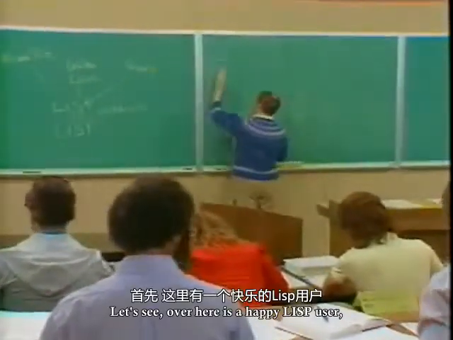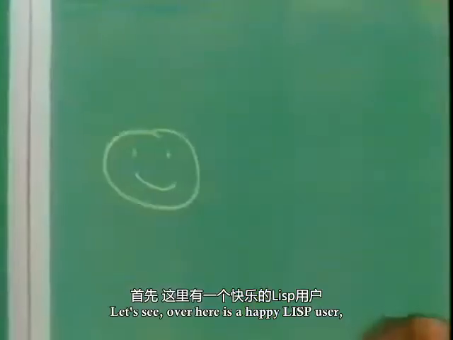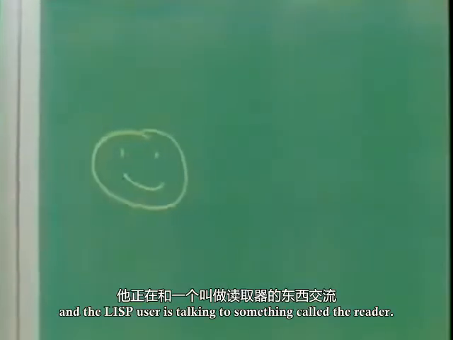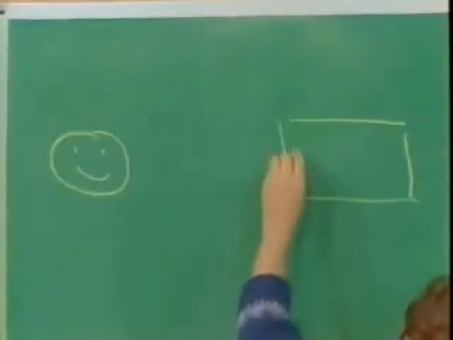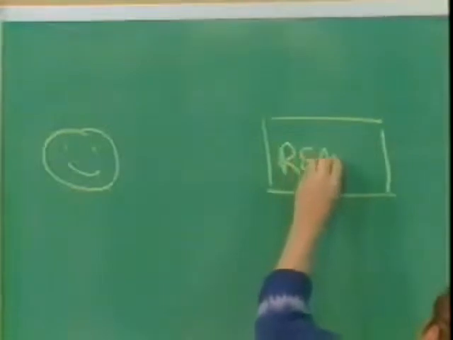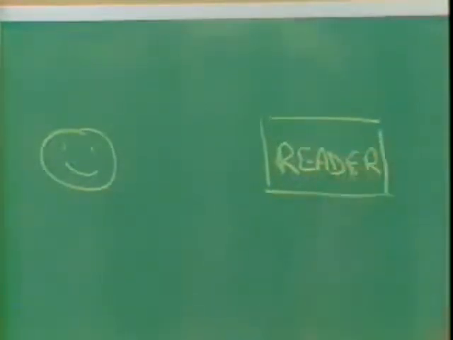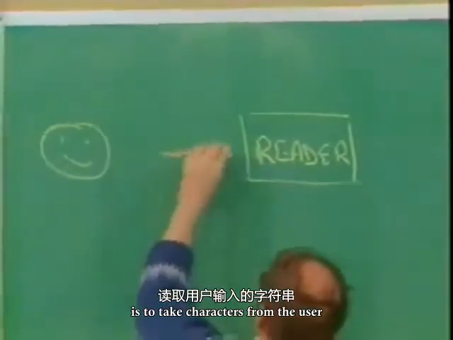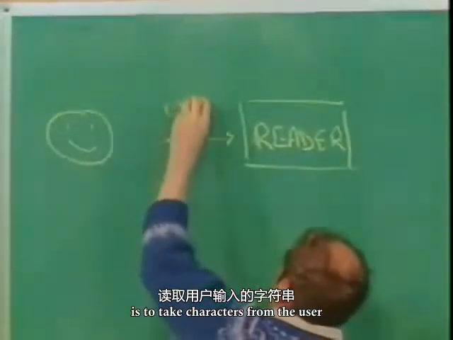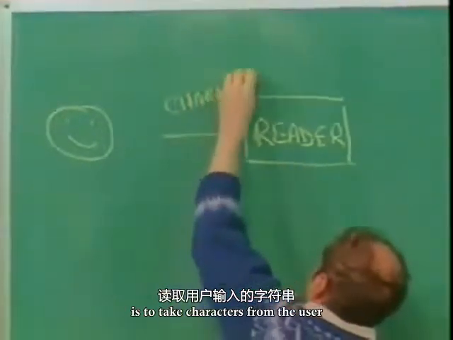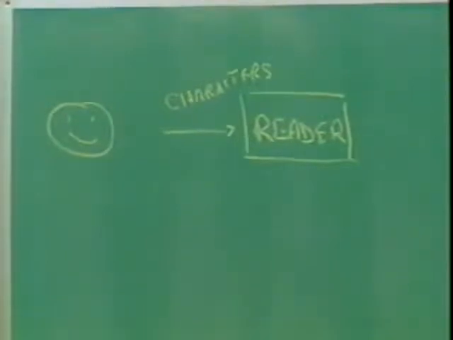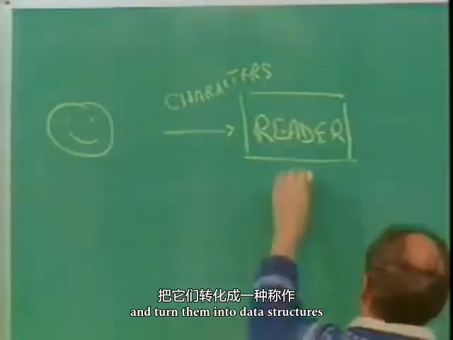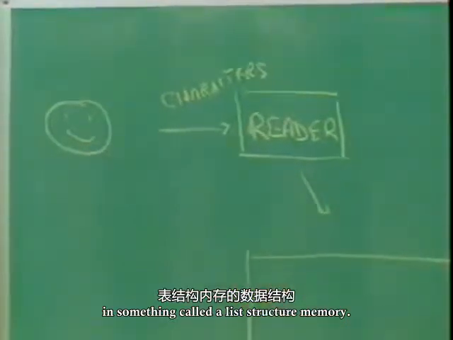Let's see, over here is a happy Lisp user. And the Lisp user is talking to something called the reader. The reader's job in life is to take characters from the user and turn them into data structures in something called a list structure memory.